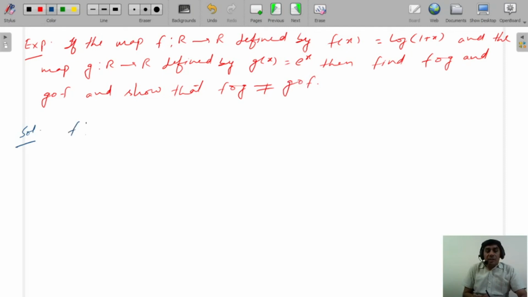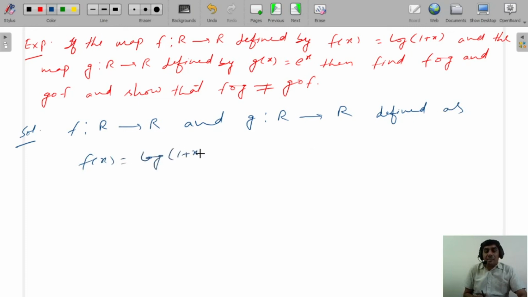f is a function from R to R and g is also a function from R to R, defined as f(x) is equal to log(1 + x) and g(x) is equal to e^x.